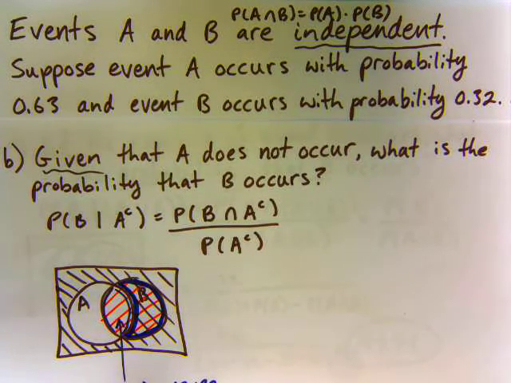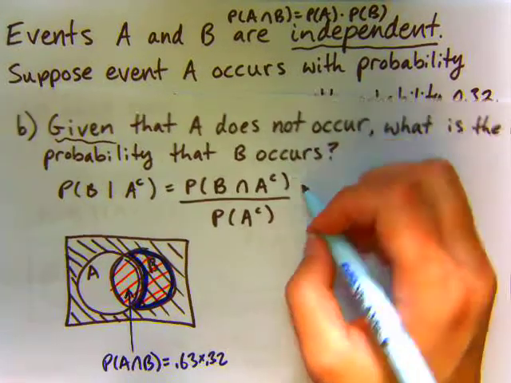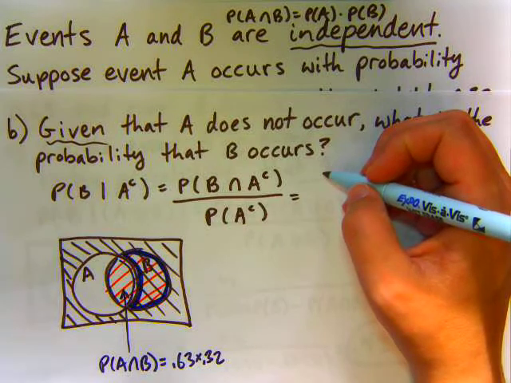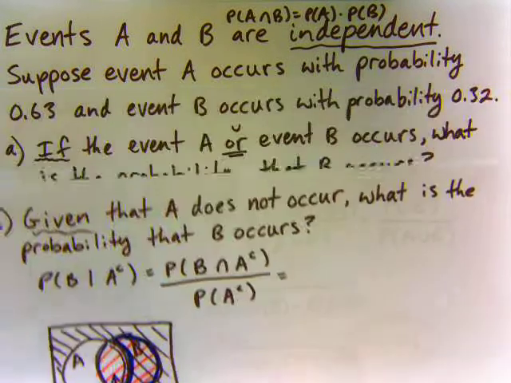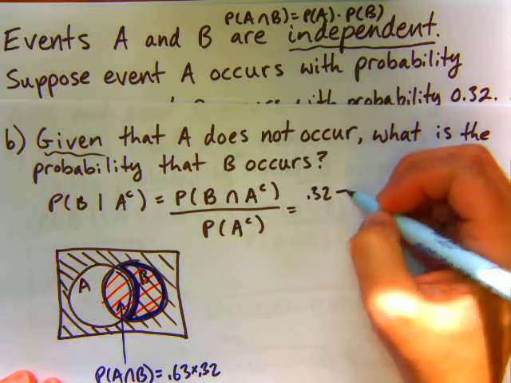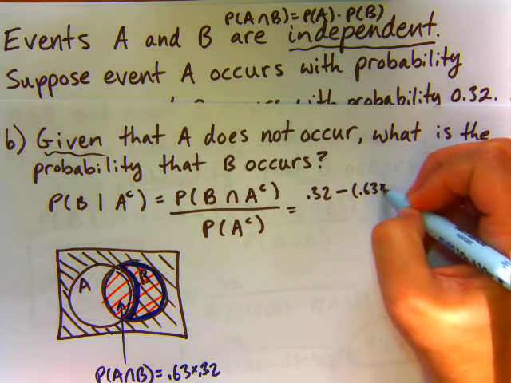So now when I go up here, I would have the probability of B, this piece, which is equal to, what was B? 0.32 minus that intersection of 0.63 times 0.32.